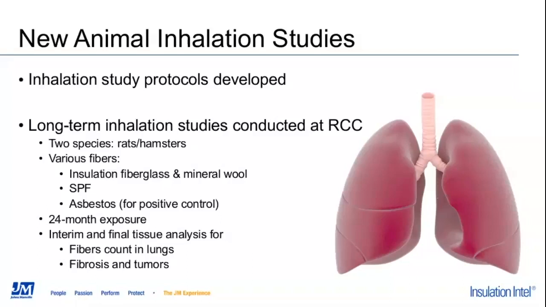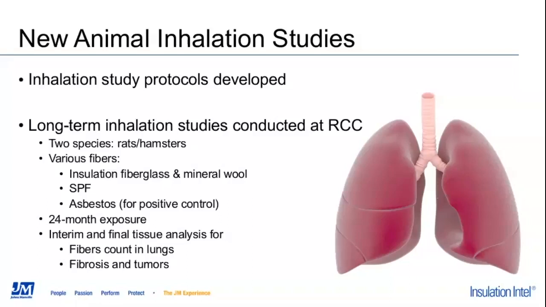Now you have to test with asbestos because it would serve as a positive control, so that if you were going to get any kind of delivery of those fibers into the lungs of these test animals, if you did it with asbestos, you'd know that you were getting those fibers in where they needed to be.